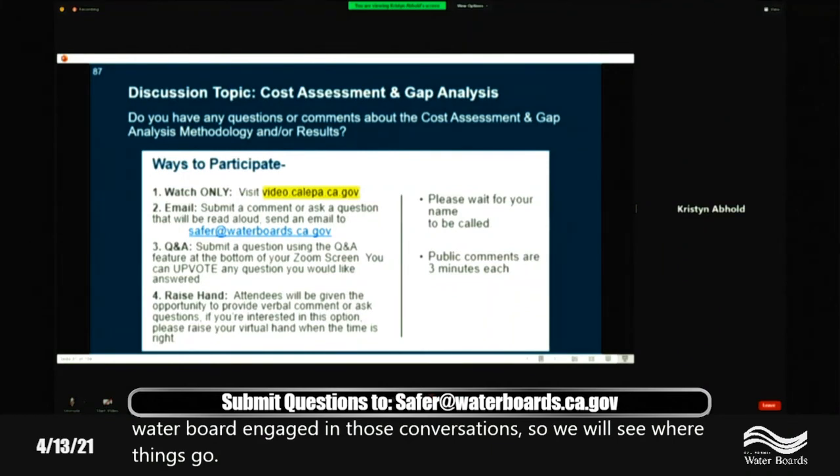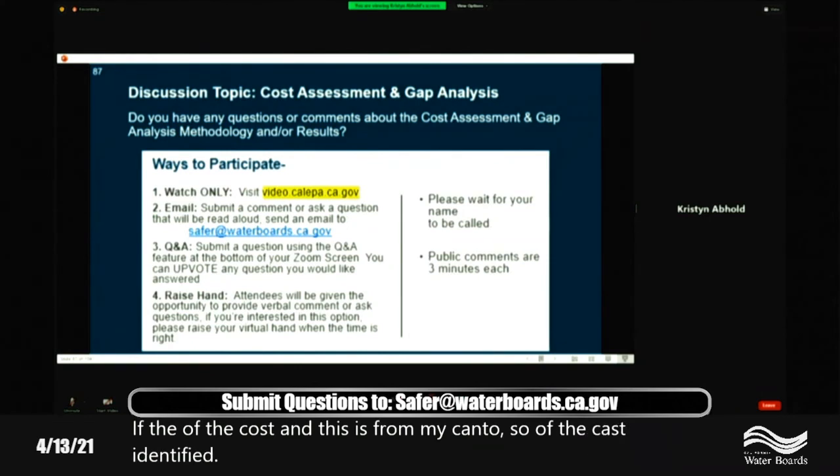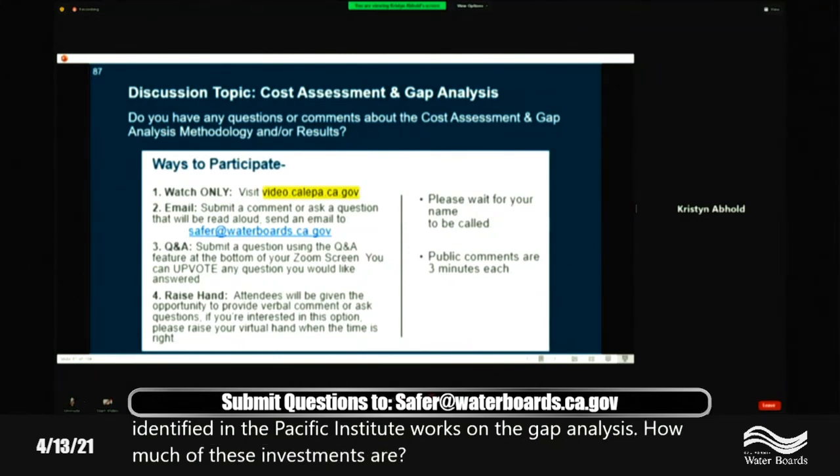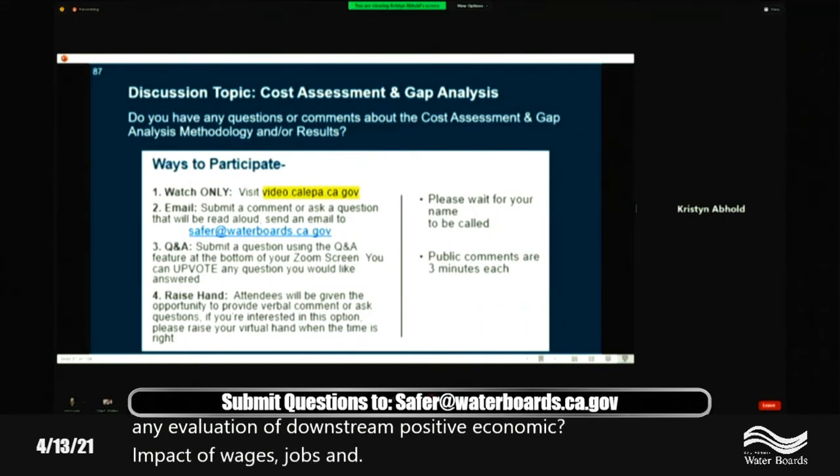Let's see, this is from Mike Antos. So of the costs identified in the Pacific Institute's work, so in the gap analysis, how much of these investments are capital and how much in labor? Was any evaluation of downstream positive economic impact of wages, jobs, improved reliability of water supply evaluated?